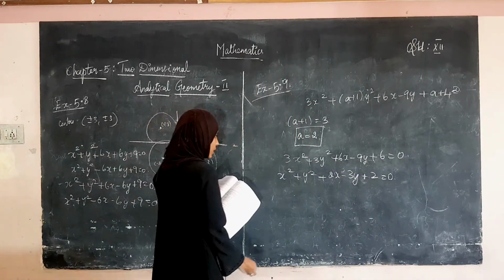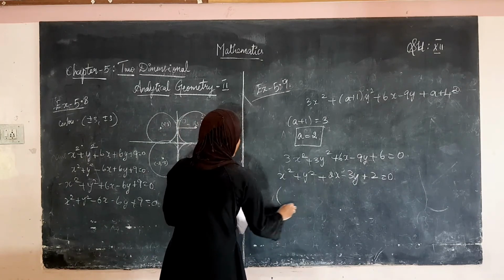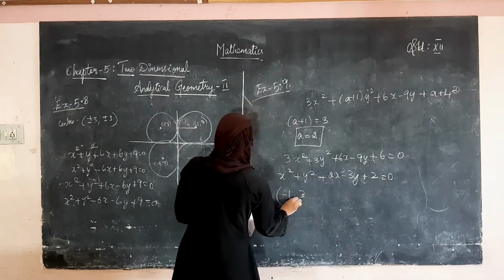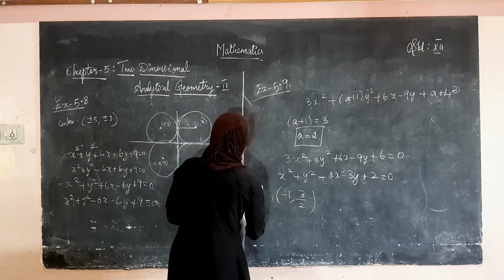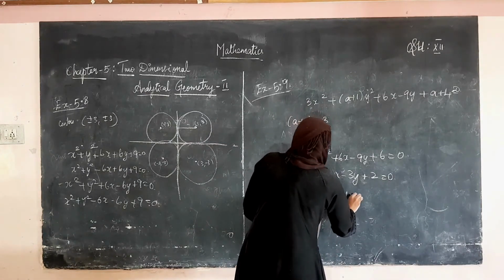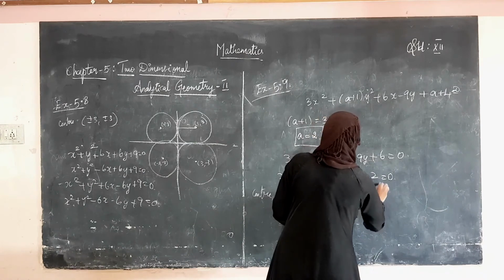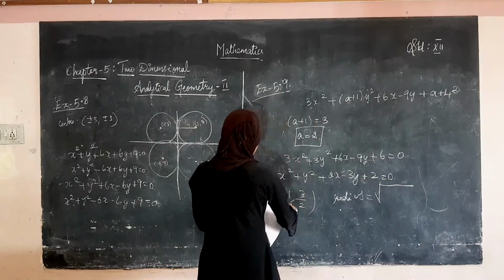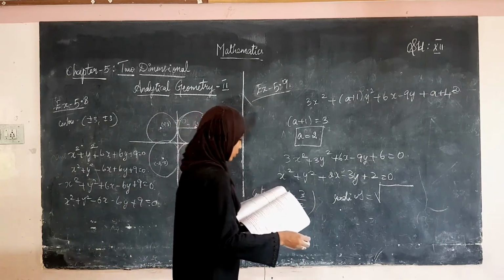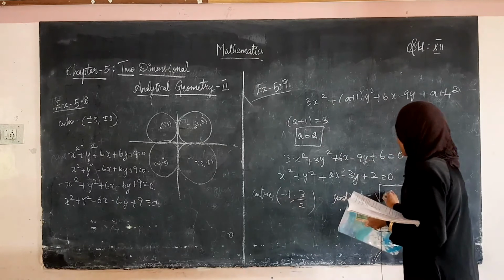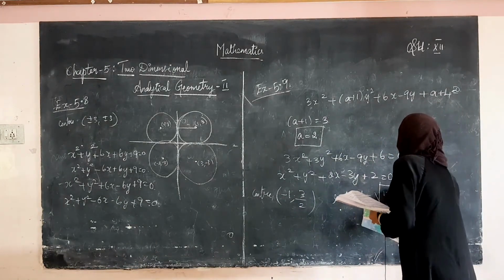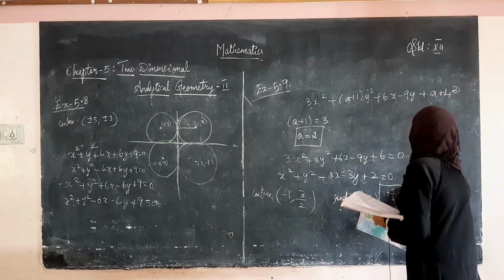So, from this, what is the center? -2 divided by 2 is -1. Minus of -3 divided by 2 is 3/2. This is the center. And what is the radius? Radius is equal to the root of (-1)² + (3/2)² - 2, right? (-1)² is 1, plus (3/2)² is 9/4, minus 2.